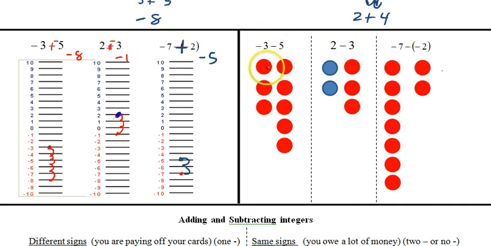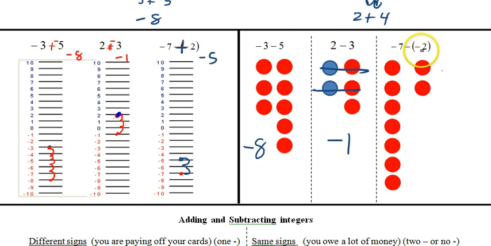If you have minus 3, it's 3 red dots. And if you subtract 5, well, that's not going to be blue dots. That's going to be red, which means they are all red dots. So that's negative 8. Positives are blue, and then subtracting numbers is red, and they'll cancel and give you negative 1.